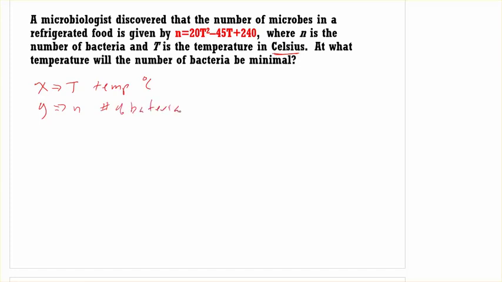So here we are just interested in what temperature will the bacteria be minimal. So if we look at the graph, we're going to be looking for that number, depending on how it sits.